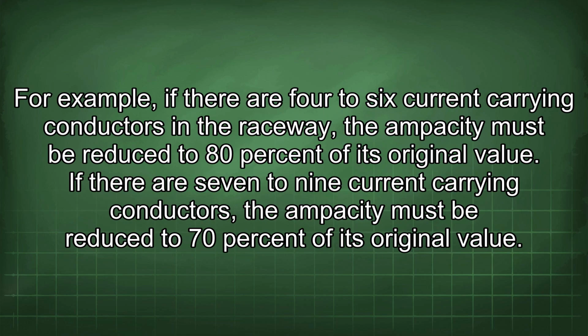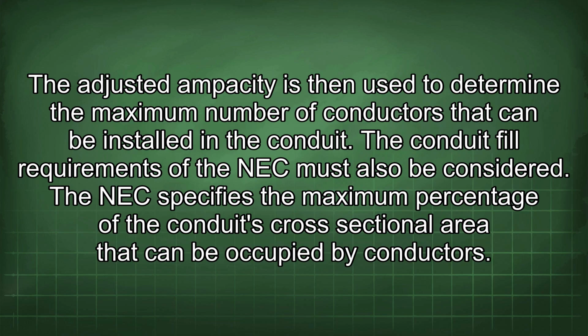For example, if there are 4 to 6 current-carrying conductors in the raceway, the ampacity must be reduced to 80% of its original value. If there are 7 to 9 current-carrying conductors, the ampacity must be reduced to 70% of its original value. The adjusted ampacity is then used to determine the maximum number of conductors that can be installed in the conduit.